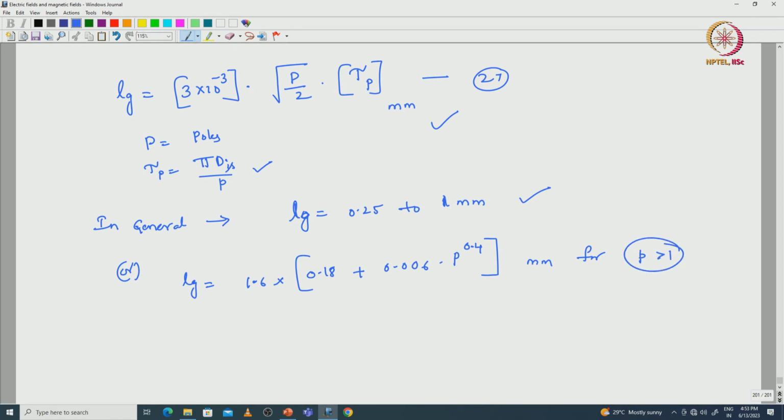For these two equations, there is no straightforward derivation; they are based on different studies.